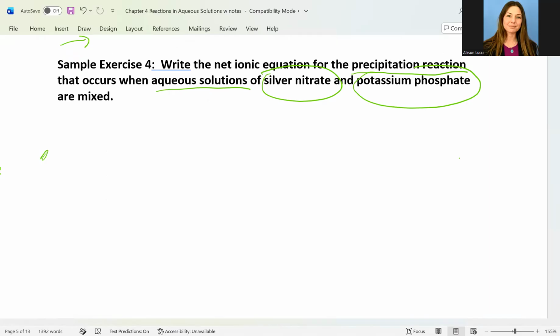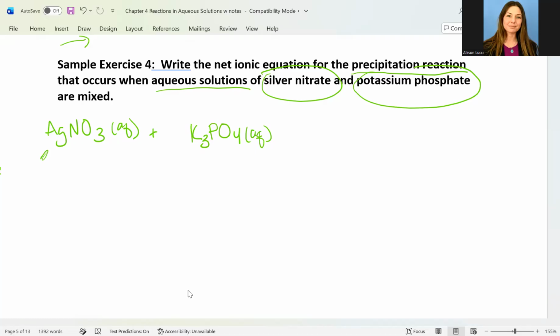First we have AgNO3, our silver nitrate. We know that it's aqueous because we're told this is a precipitation reaction. And then we have potassium phosphate, so that would be K3PO4. Phosphate has a -3 charge, potassium's +1, so that's going to be our ionic salt formula here.